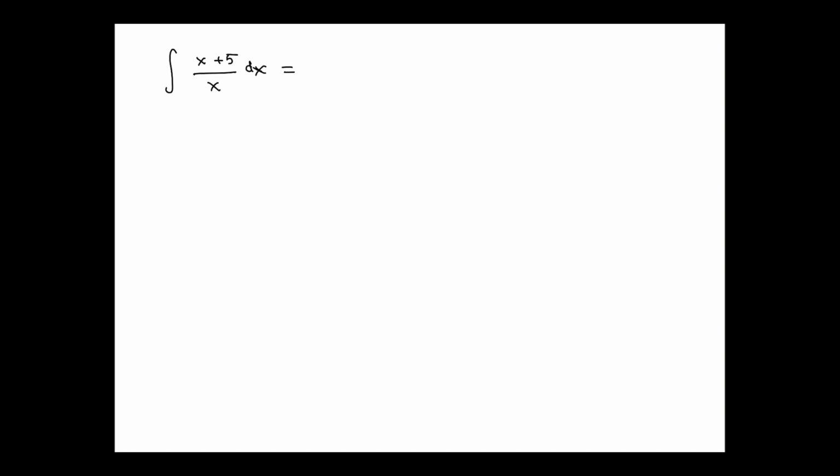No. Thanks for playing. Can I split this fraction up? Yeah, into x over x, which is just 1, right? And then I can be like, oh, okay, well, that's x, and this would be 5 natural log absolute value of x, and then my plus 8 done.